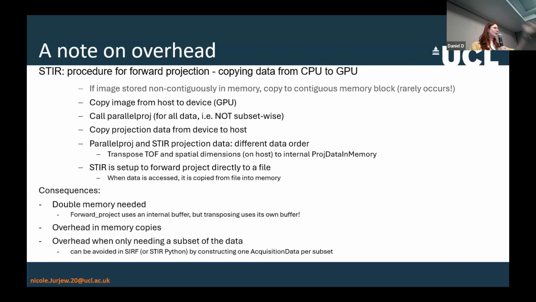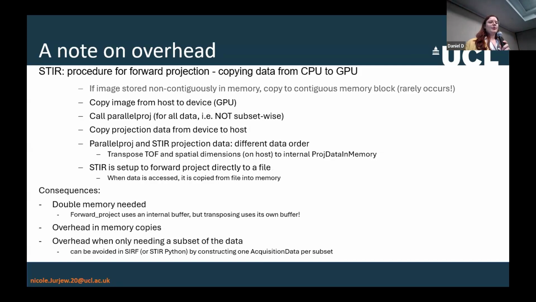So the consequence of all of this is that we need double the memory, because forward project uses an internal buffer, but the transpose function uses its own buffer again. And then there's also an overhead in memory copies, because all these steps are not just done once per reconstruction, they're done once per iteration.